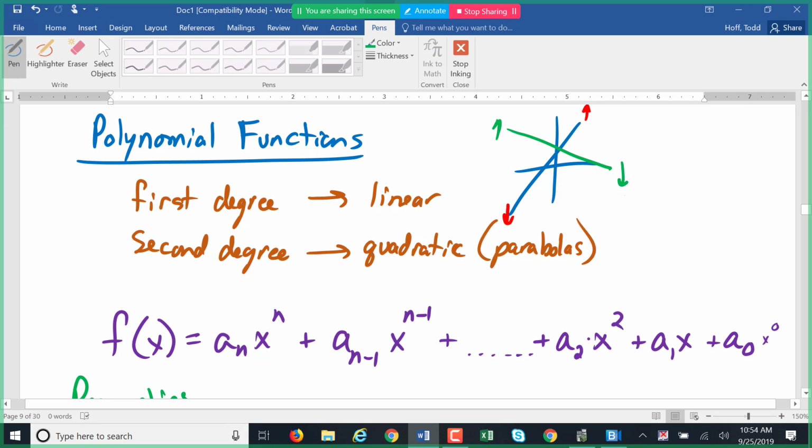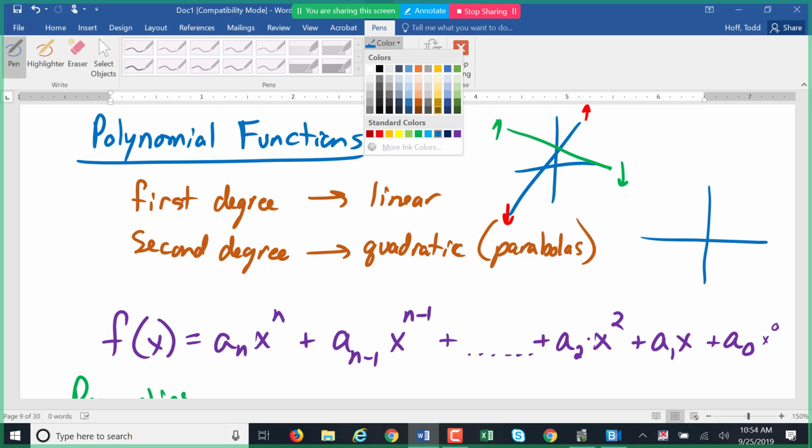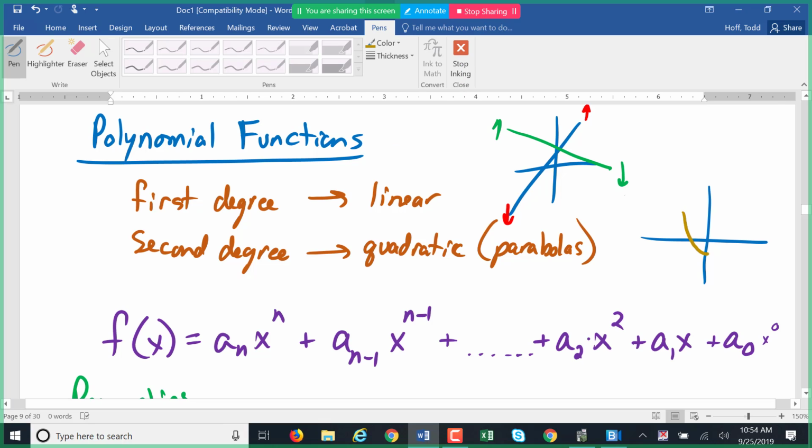A parabola, same situation. If a is positive, it shoots up to positive infinity on both ends.